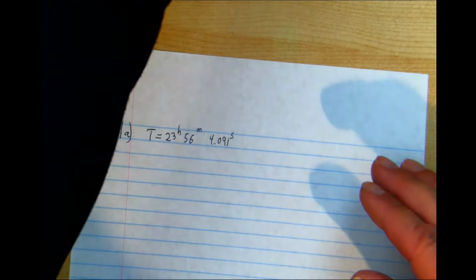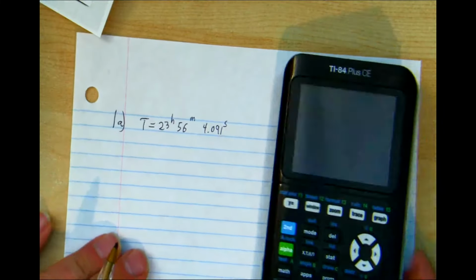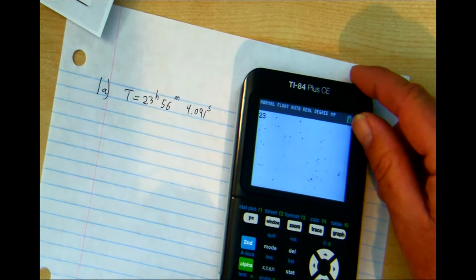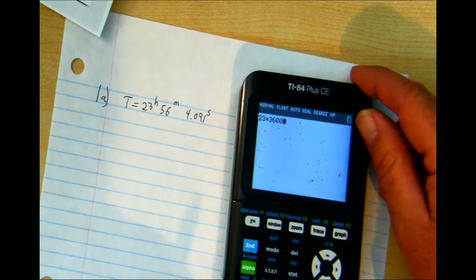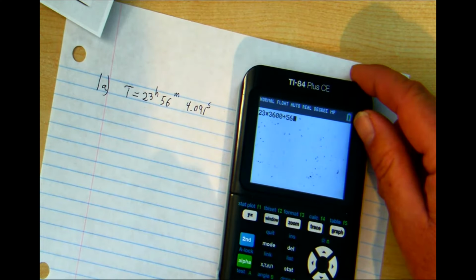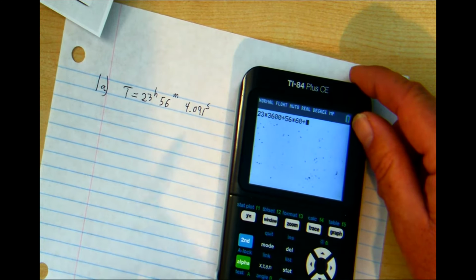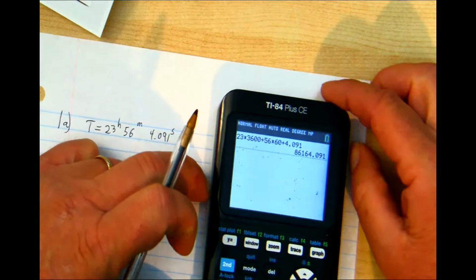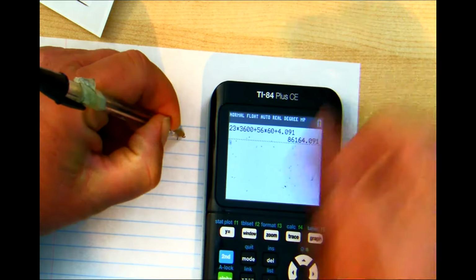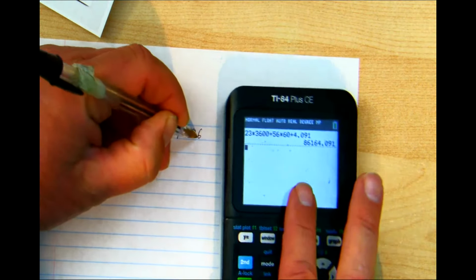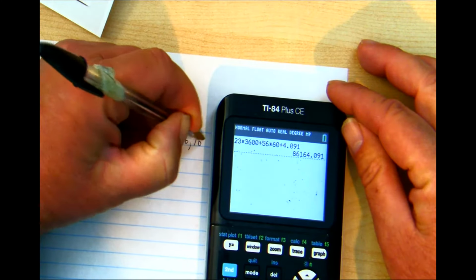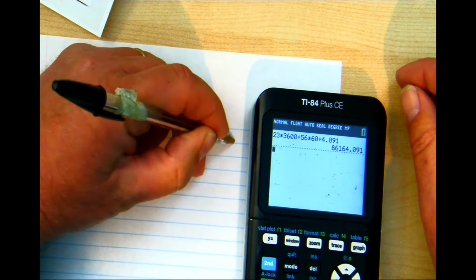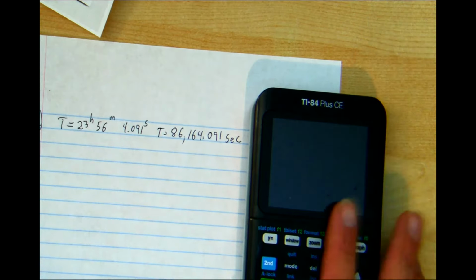You need to convert that all into units of seconds, which would be 23 hours times 3,600 seconds, plus 56 minutes times 60 seconds per minute, plus 4.091 seconds yields a period T of 86,164.091 seconds, which is the length of one sidereal day on Earth.